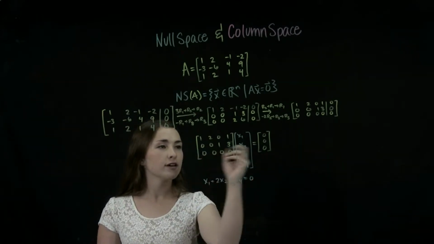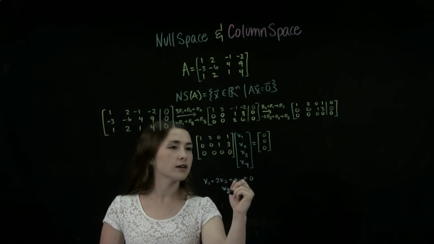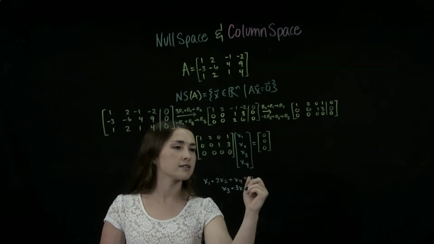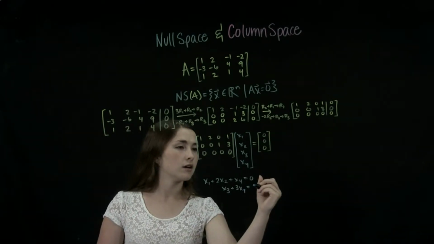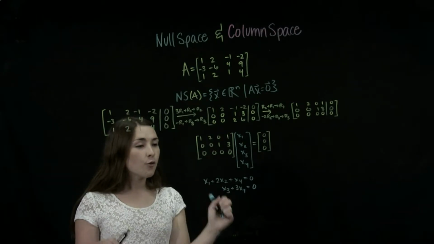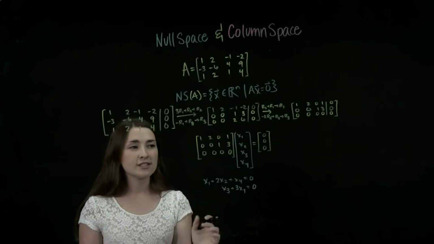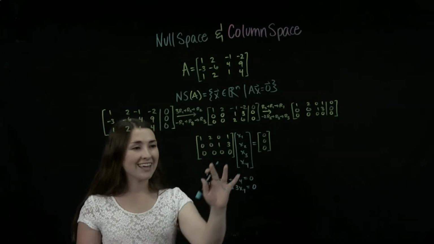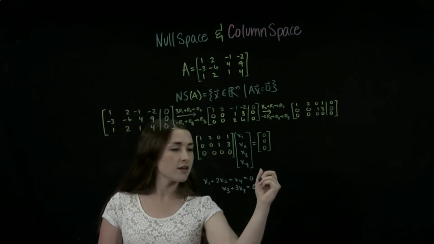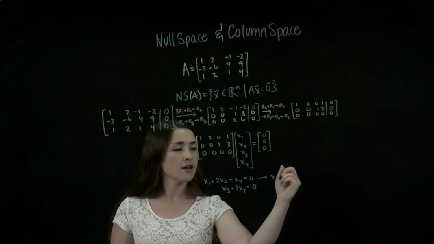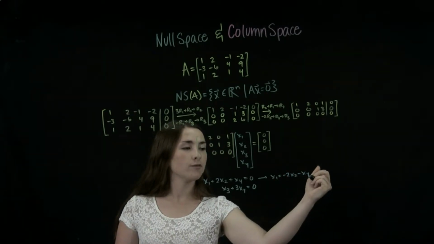And we're going to have 0 times x1 plus 0 times x2 plus x3 plus 3x4 is equal to 0. So from this, we have our x2 and x4 as our free variables. You see there's no pivot variable in the columns corresponding to x2 and x4. So then we can write this as x1 is equal to negative 2x2 minus x4.